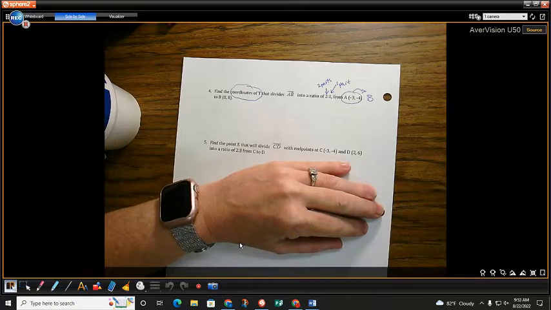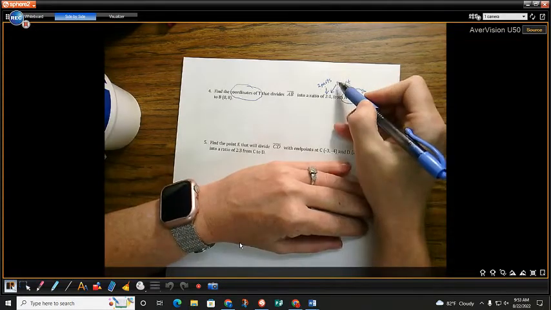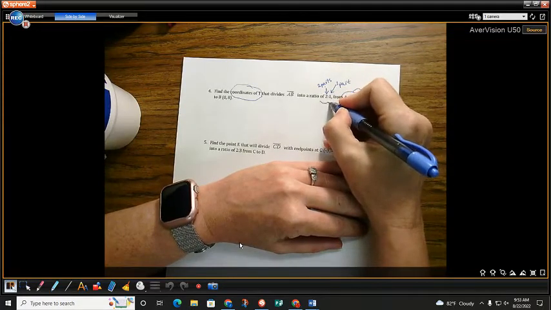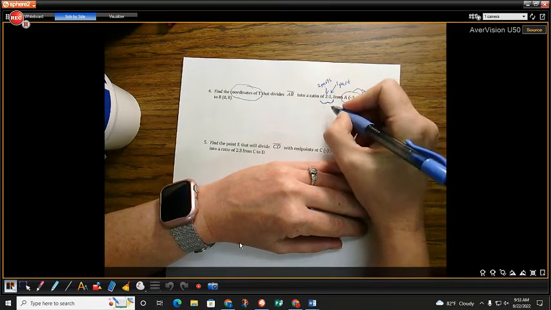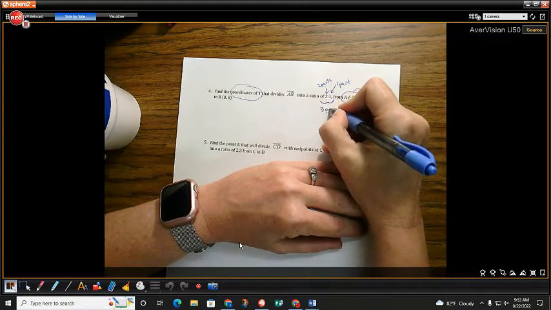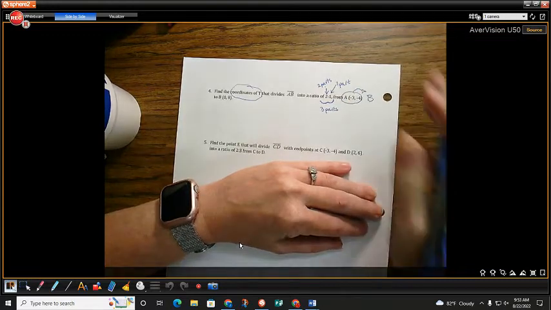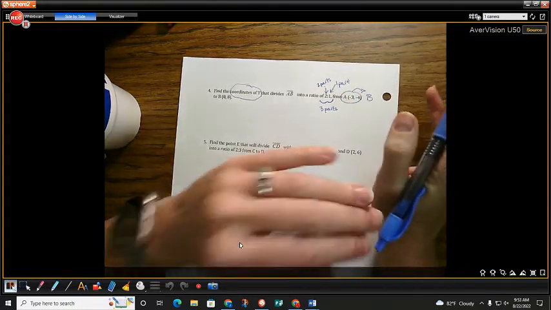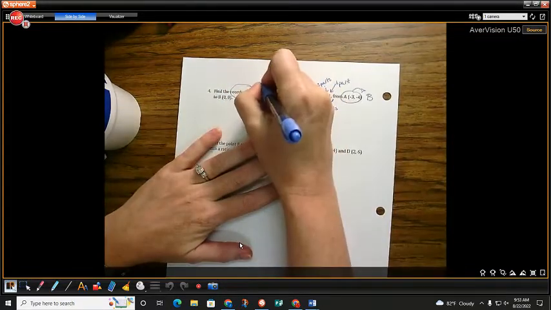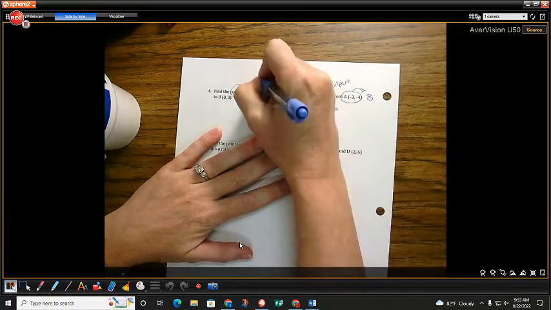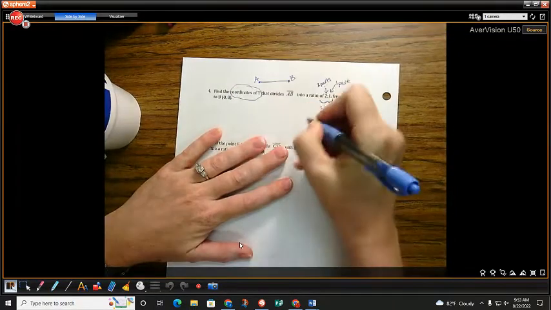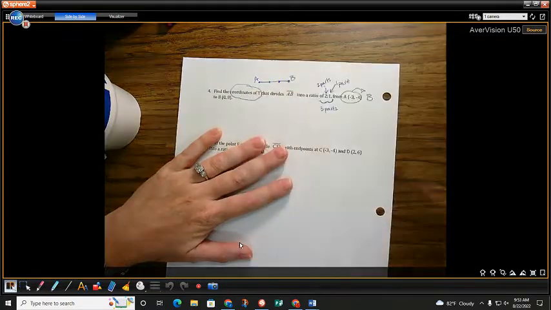And you're like, well, wait a minute. If I have 2 parts and 1 part, how many parts total is that? 3 parts. I am really dividing my segment into 3 parts. So I'm going to come here. It starts at A and goes to B, and I'm really dividing it into 3 parts.